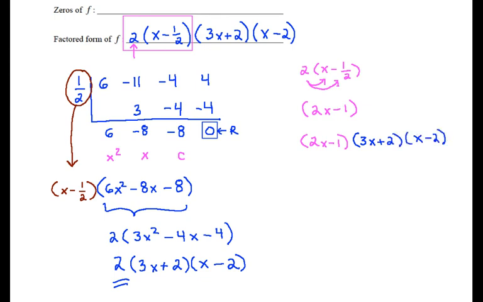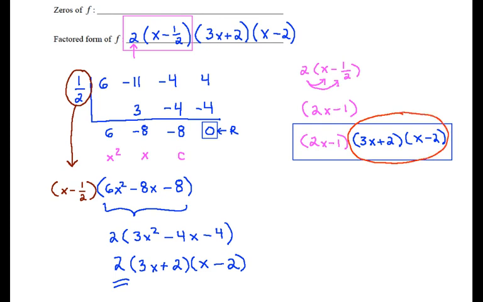And which form you get really just depends on what order and what method you used to find those factors. Anything you find by trial and error is going to look more like these. And factors that you find using the factor theorem and synthetic division might end up looking more like this, right? Like a number multiplied on the outside and then all of your factors starting with just x. They don't come out starting with something like 2x or 3x if we found them using the factor theorem.